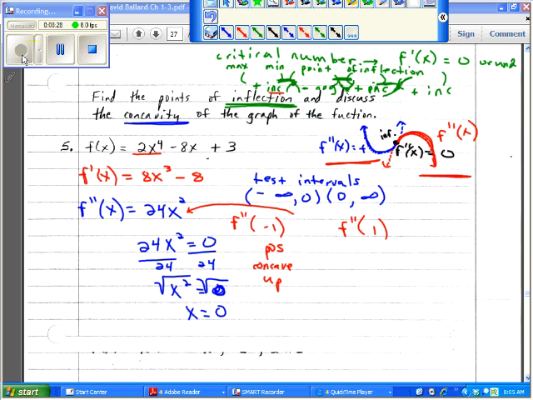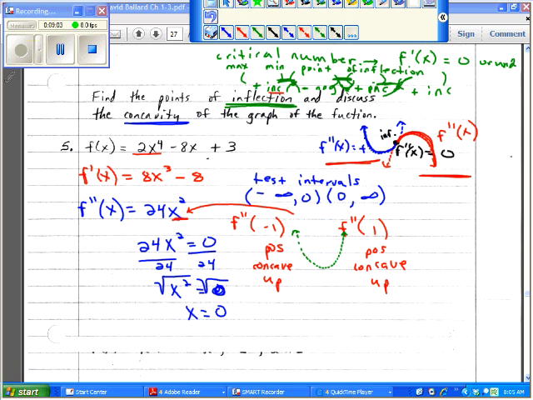Okay, when you plug in a +1 in place of x, you still get the same thing, positive 24. So this is also positive, so it's concave up. So the idea is that it's going from a concave up situation to a concave up situation.